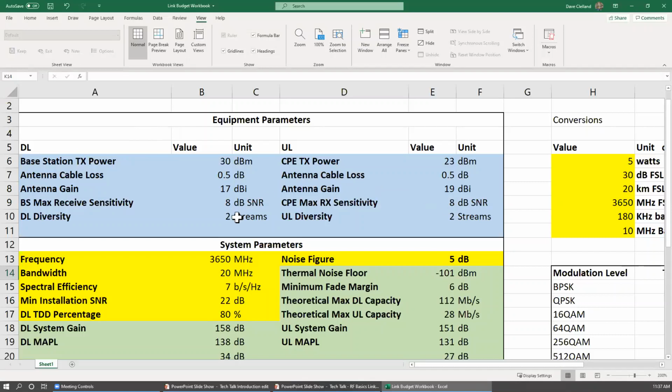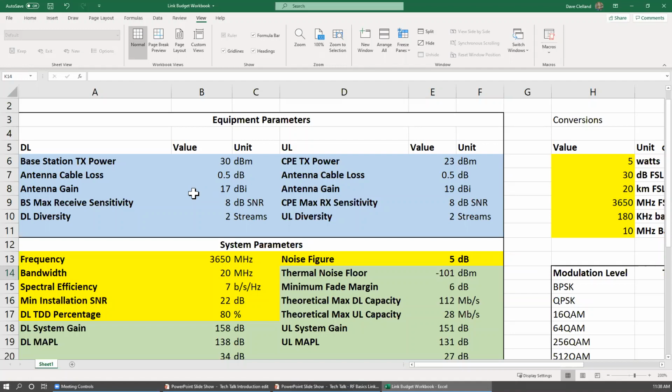I have two-stream diversity in this case. I haven't talked about that yet, but I will in a bit. And then in the uplink, I have exactly the opposite: the CPE transmit power with the same characteristics, and the base station sensitivity over here. We can take these specifications directly from the spec sheet.